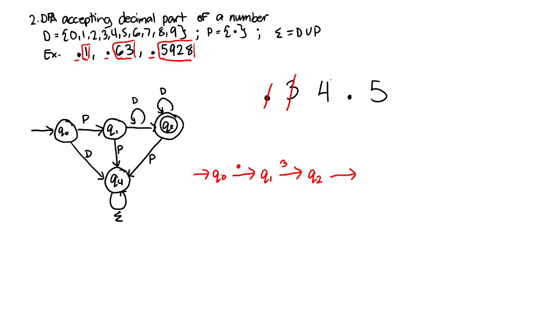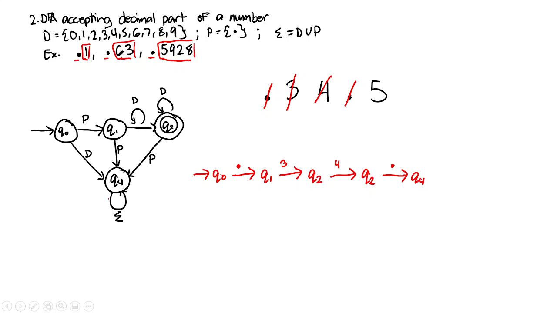The next symbol we read is 4. Okay. So we are in Q2 and it sees digit 4, therefore it stays in Q2. The next symbol we read is dot. So if we are in Q2 and see a dot or period, we go to Q4, right? Go to Q4.